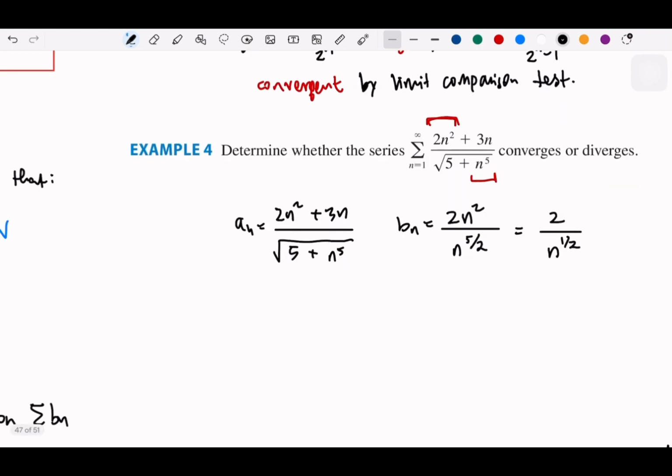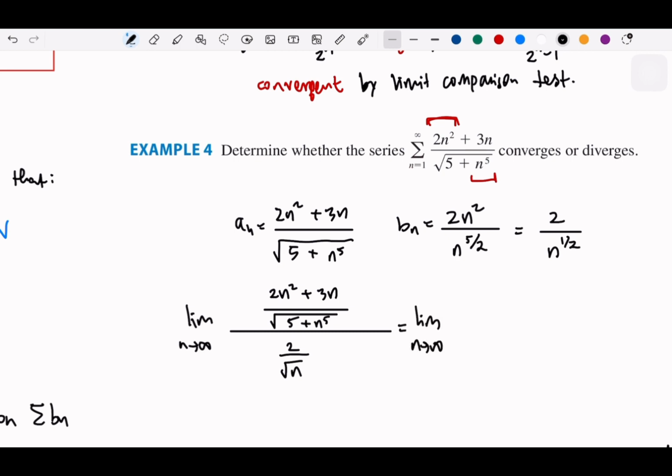Minus 2 is half, so 2 over n power with half. And then directly we can write the limit. I will simplify it.